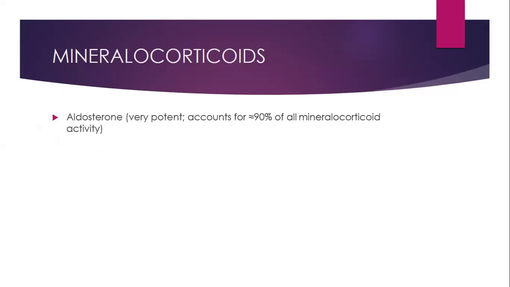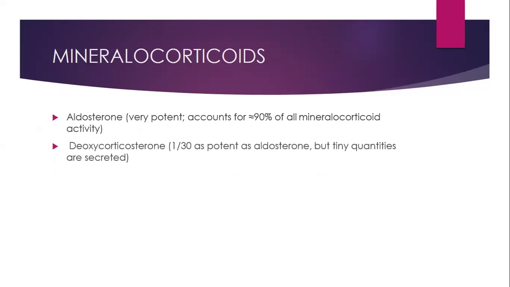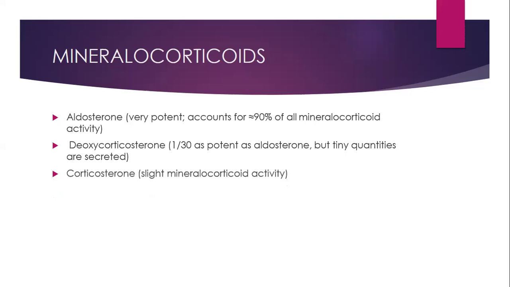So we start with the mineralocorticoids. Number one, we have aldosterone, which is the most potent and accounts for approximately 90% of all the mineralocorticoid activity. Then you have deoxycorticosterone, which is 1/30 as potent as aldosterone, but it is usually released in very small quantities.